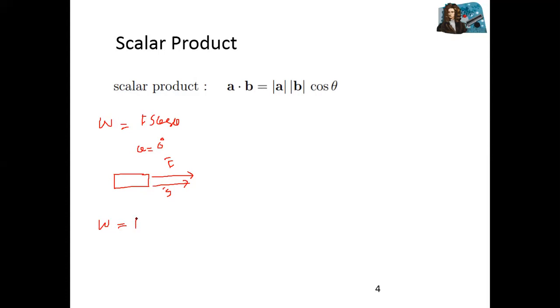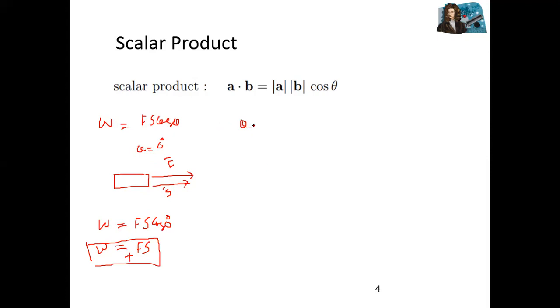Work is equal to force multiplied by s and cosine of 0 degrees. Cosine of 0 degrees is equal to 1, so it means F s. This is called positive work. The result in this case is positive when the angle is 0.